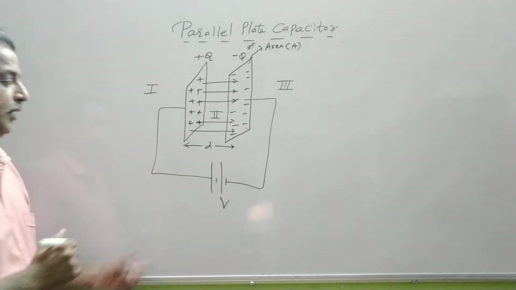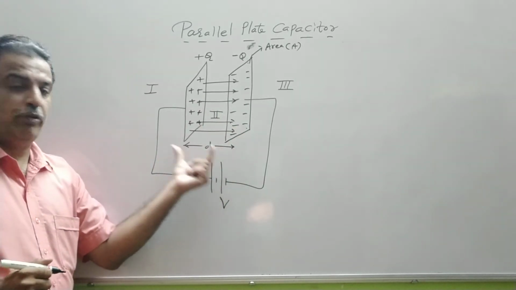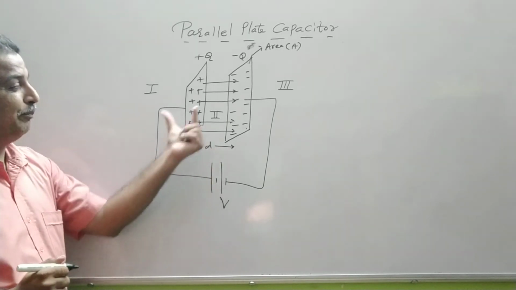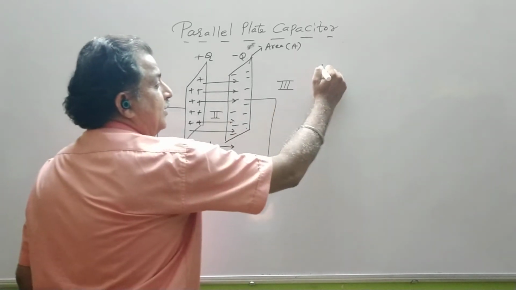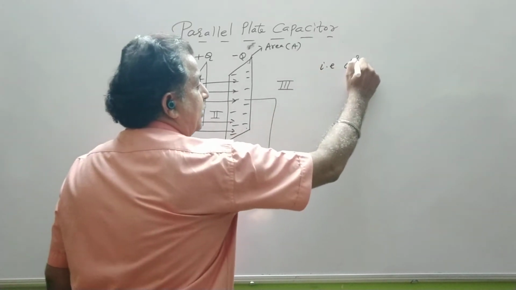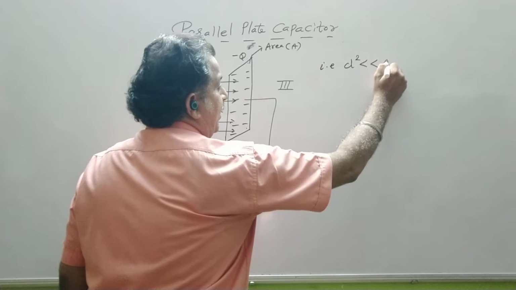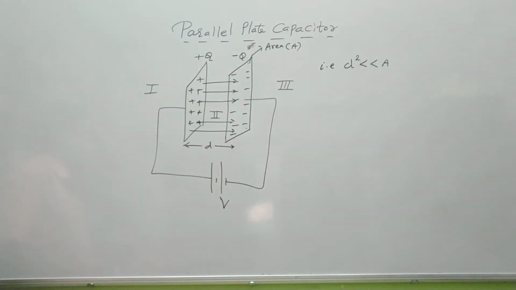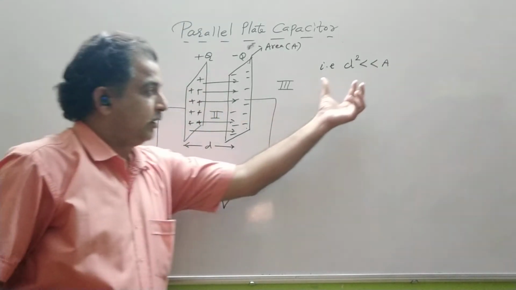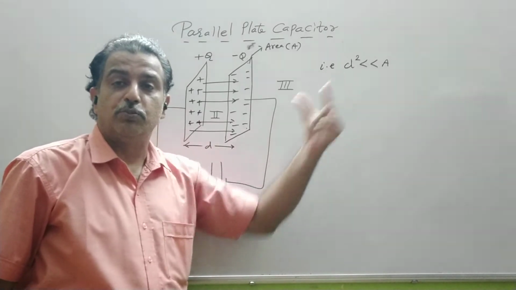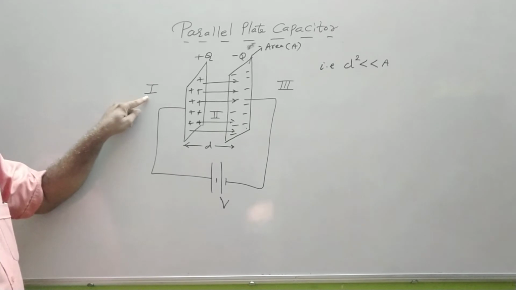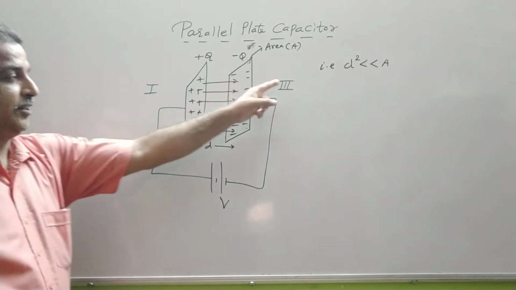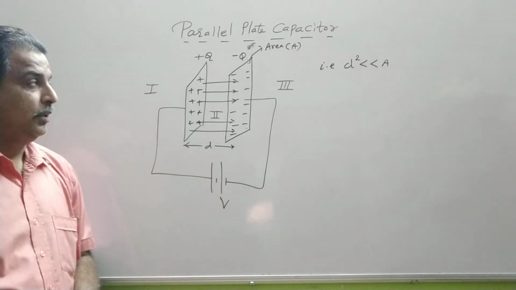We assume that the distance is very small compared to the dimension of the two plates, that is, d squared is less than the area of the plate. We will discuss why the distance should be as small as possible. Now let us find out the electric field intensity in region 1, region 3 and region 2.